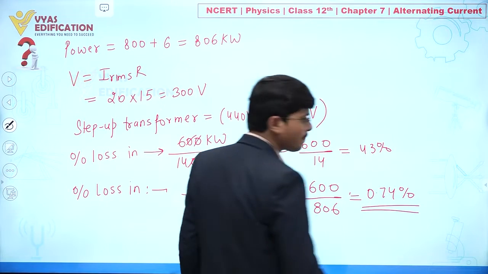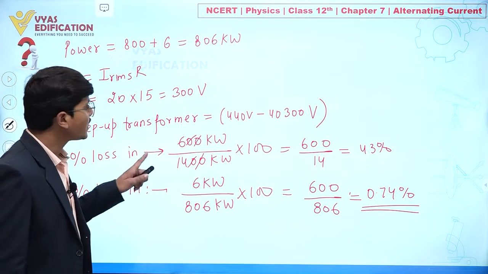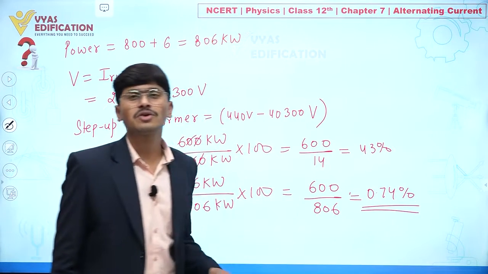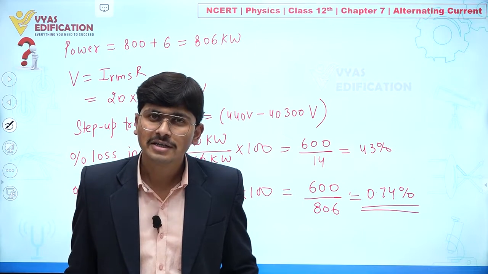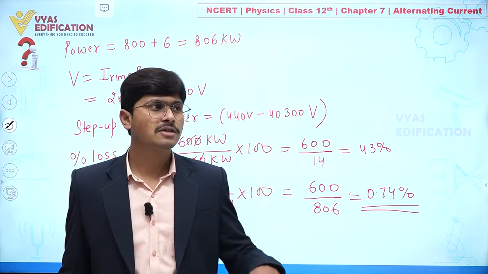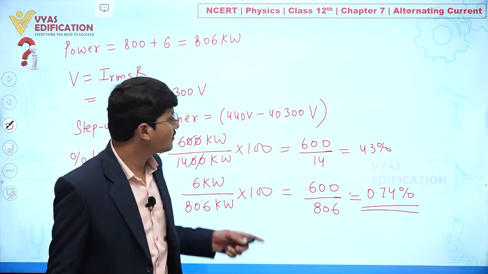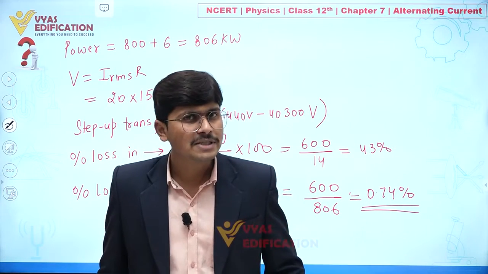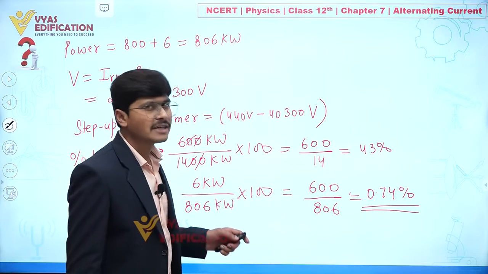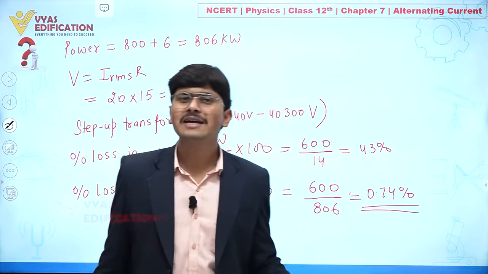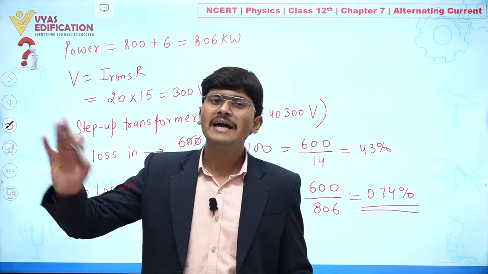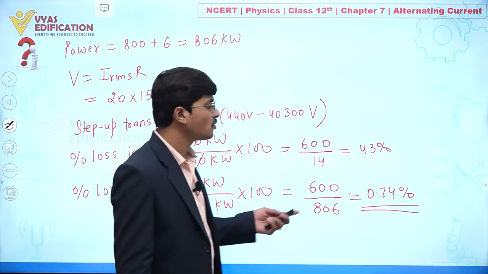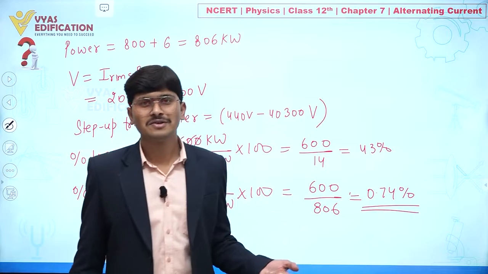Now you can compare. In this question only 0.74% of the total power is wasted, but in the first situation 43% of the power is wasted. So it is always better to give power at a higher voltage. Higher voltage transmission is always preferred if we want to reduce the power loss.